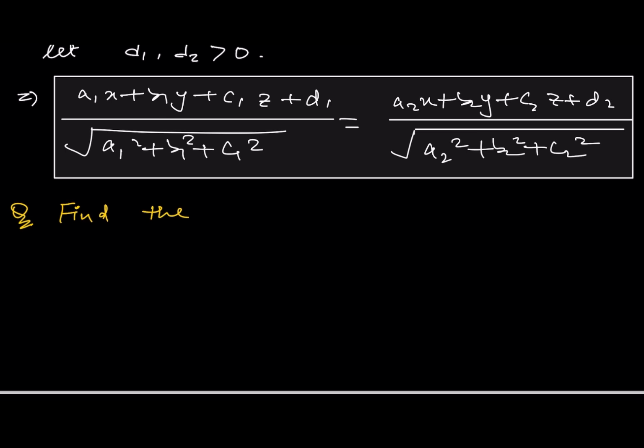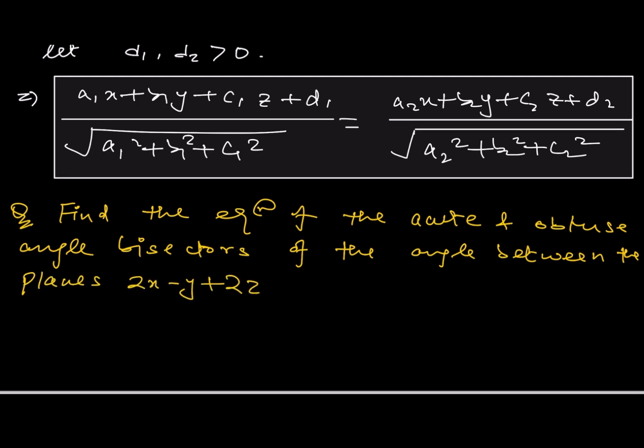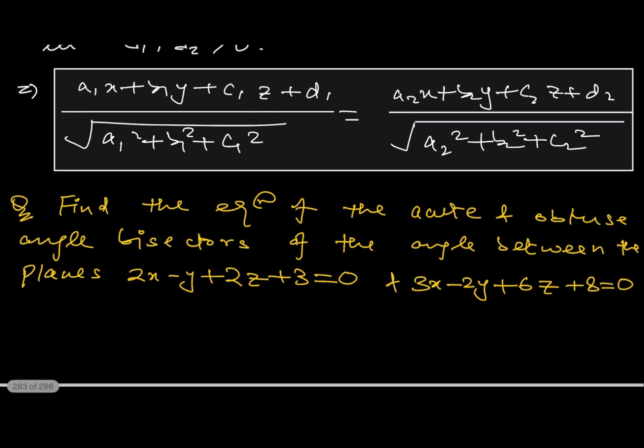Find the equation of the acute and obtuse angle bisectors of the angle between the planes 2x minus y plus 2z plus 3 is equal to 0 and 3x minus 2y plus 6z plus 8 is equal to 0, right?